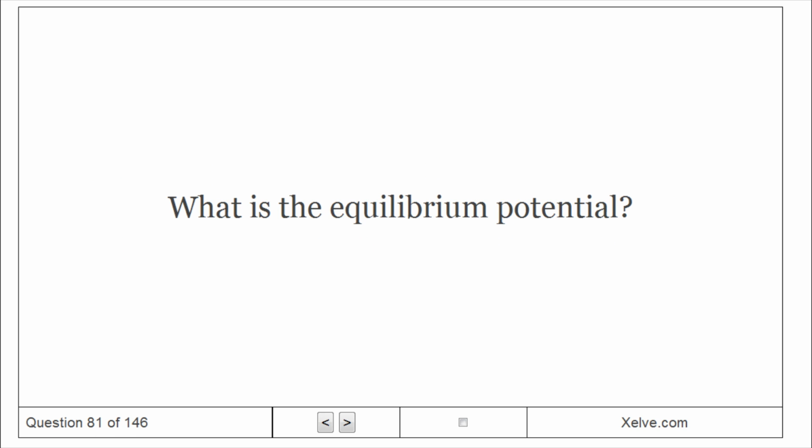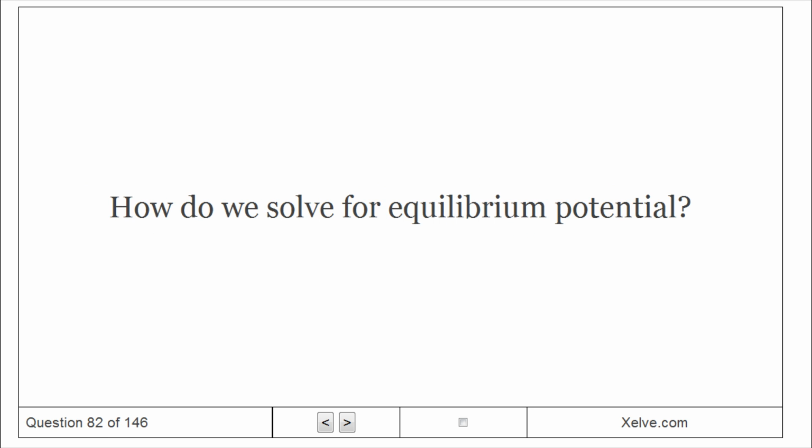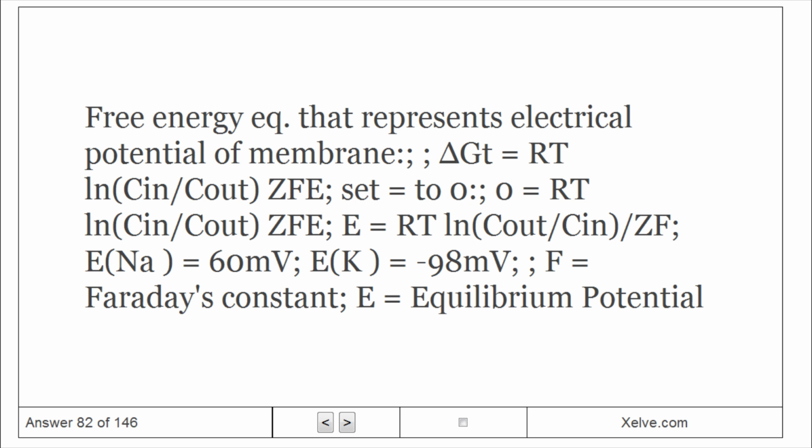What is the equilibrium potential? Also known as the Nernst potential or reversal potential, it is the membrane potential at equilibrium. How do we solve for equilibrium potential? Free energy, where Q represents the electrical potential of the membrane: ΔG = RT ln(Q) + ZFE.